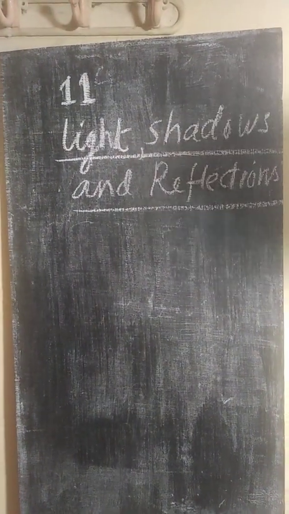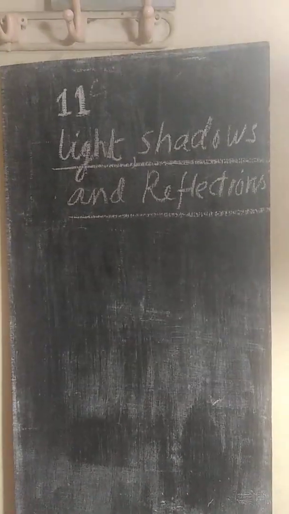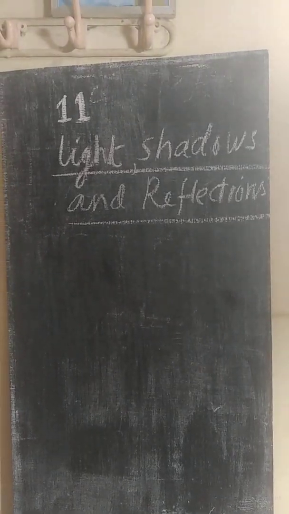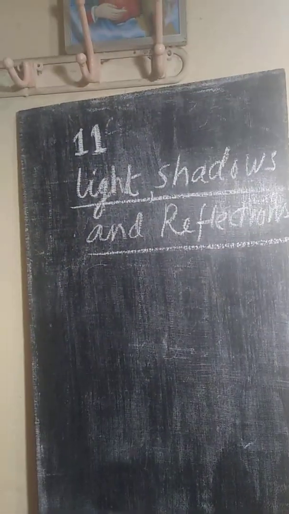Now we recall the different groups of objects. How can we classify? You are familiar with the different types of objects around you, and we can categorize these different objects into three different groups.